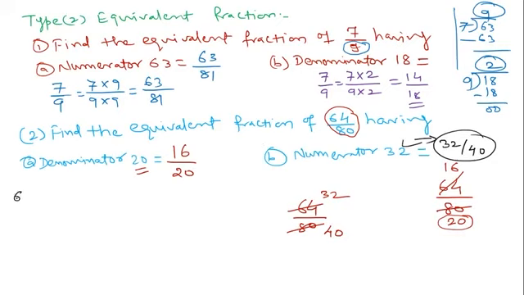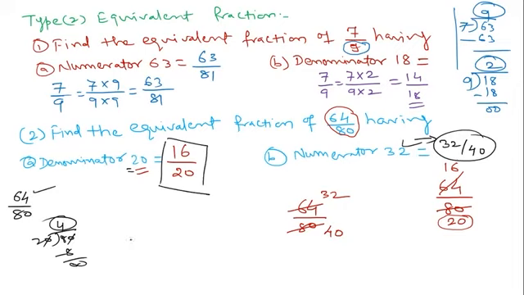Here 64 by 80 is given and the denominator is 20. So divide 80 by 20. If I cancel this 0, 2 4s are 8. So it is 4. To make it smaller, divide this fraction by 4. First find out this answer and then divide this fraction by 4. You will get this fraction.